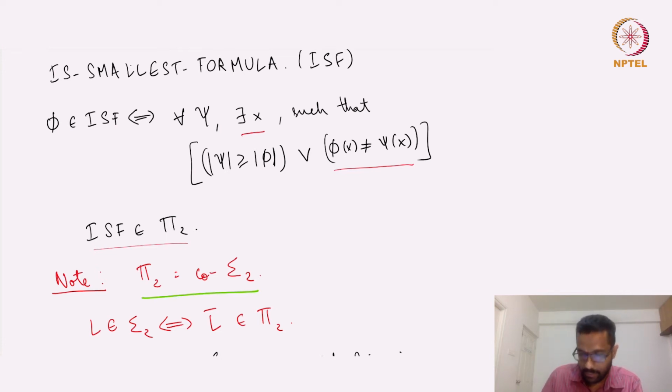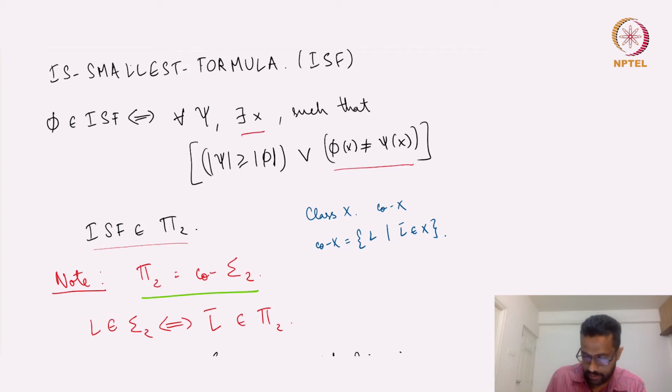Again, what do I mean by co? For a class X and the class co-X, this is a standard notation: it is the set of all languages L such that L complement is in X. We have already seen NP and co-NP.